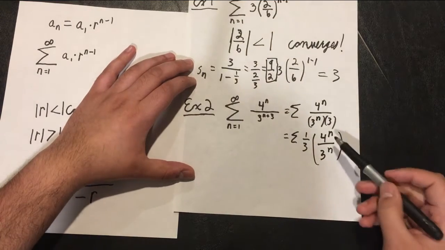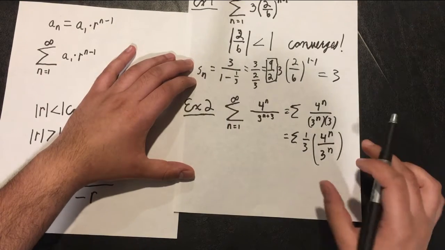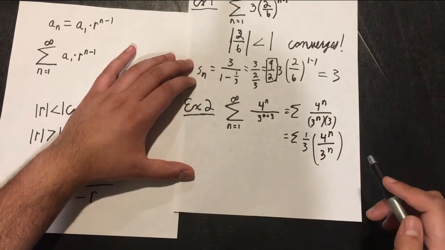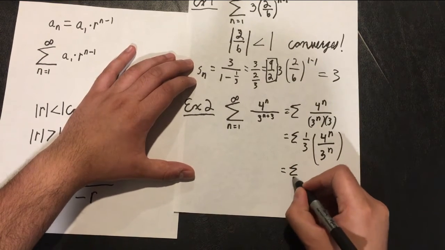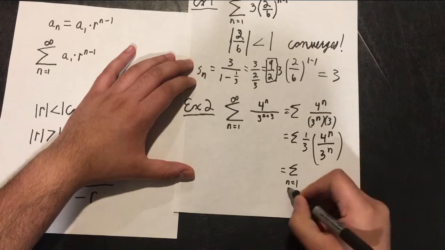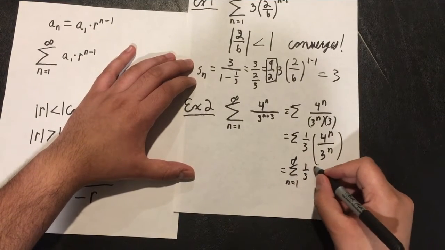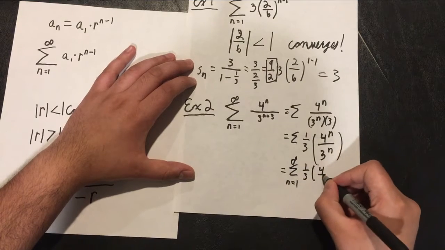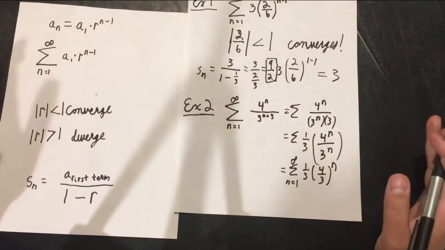And from here, since I have this common exponent, I can almost take it out and rewrite this fraction with a single exponent, right? And I end up with the series from 1 to infinity of 1/3 times (4/3)^n, right? And now that's the form we want, right?